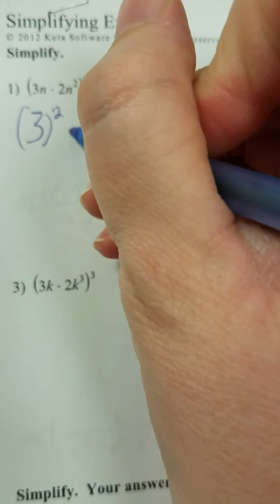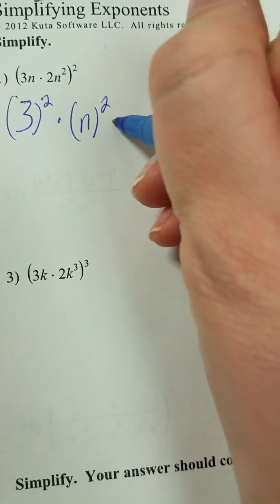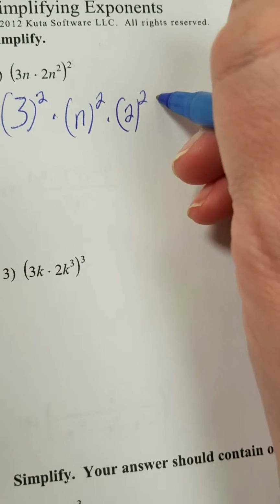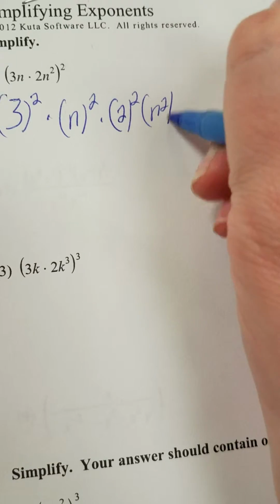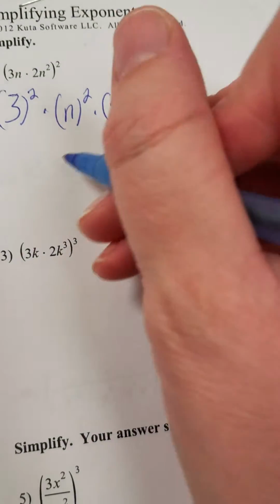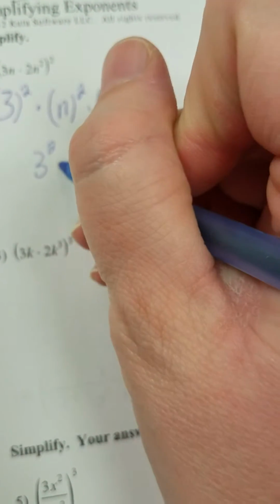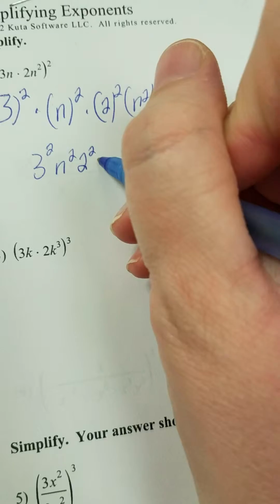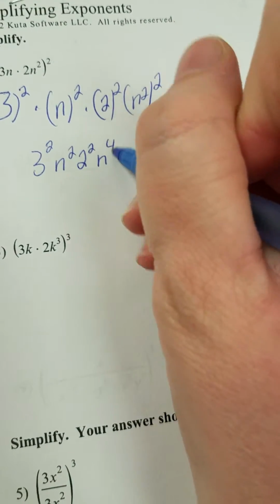This is like 3 squared times n to the second power times 2 to the second power times n to the second power to the second power. Okay? So we have 3 squared, n squared, 2 squared, n to the 4th.